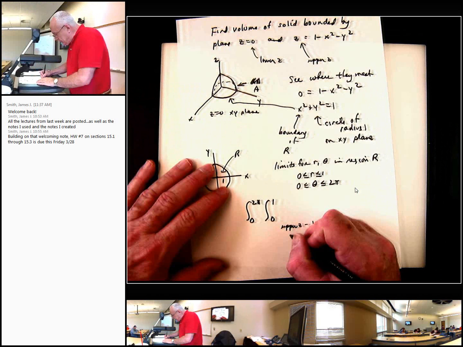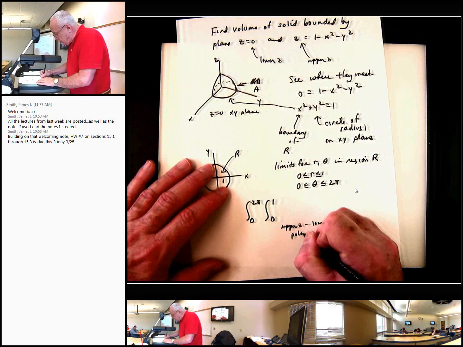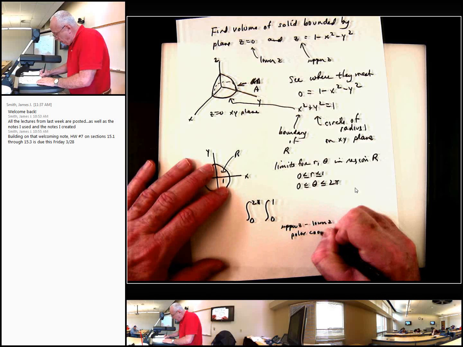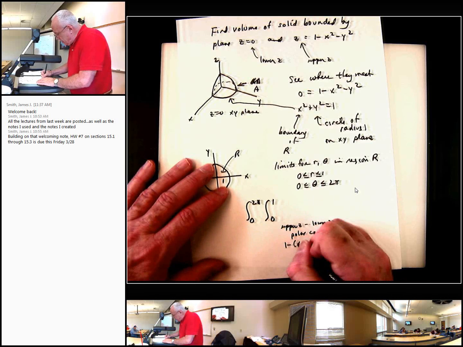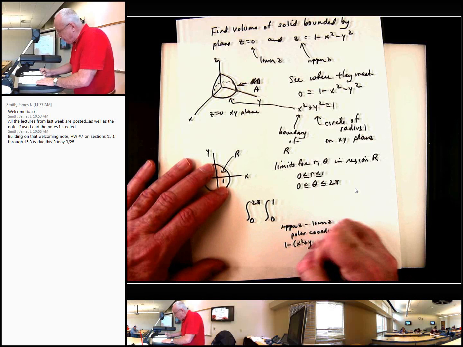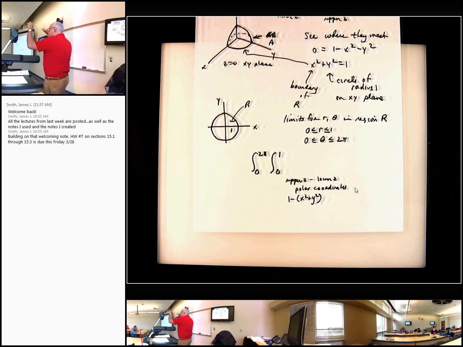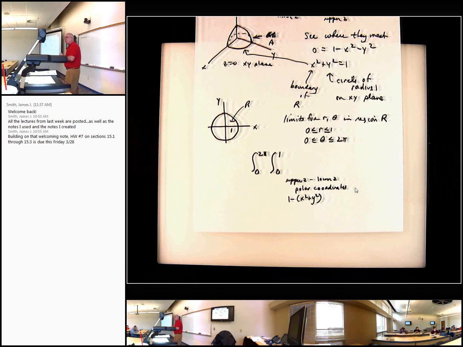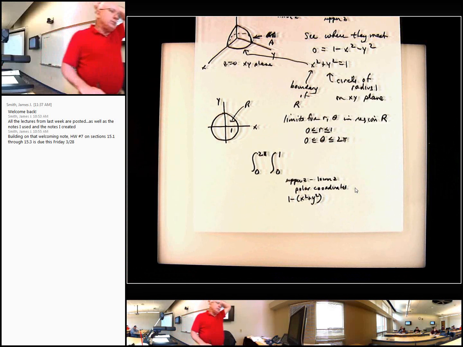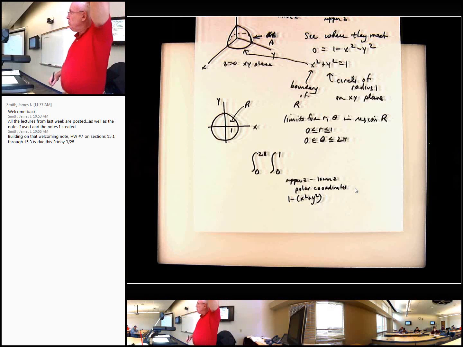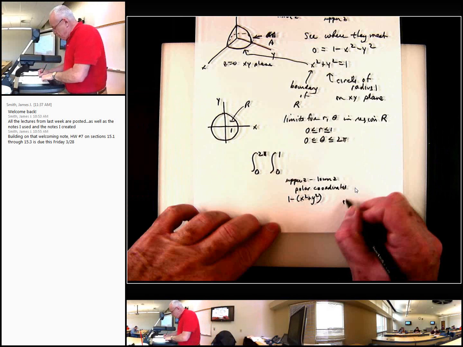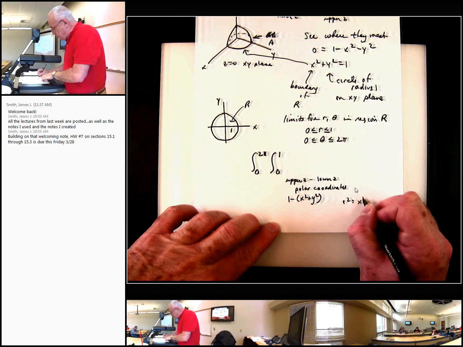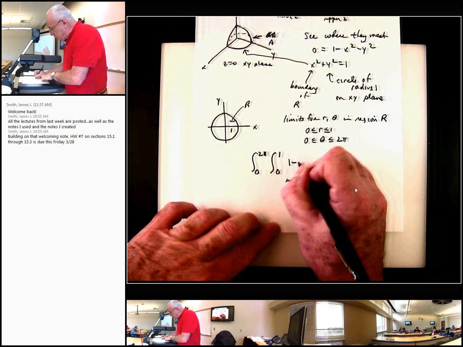I want to get these in terms of polar coordinates. So 1 minus x squared minus y squared can be written as 1 minus parentheses x squared plus y squared, right? And so what would that be in polar coordinates? 1 minus r squared, because r squared is equal to x squared plus y squared.